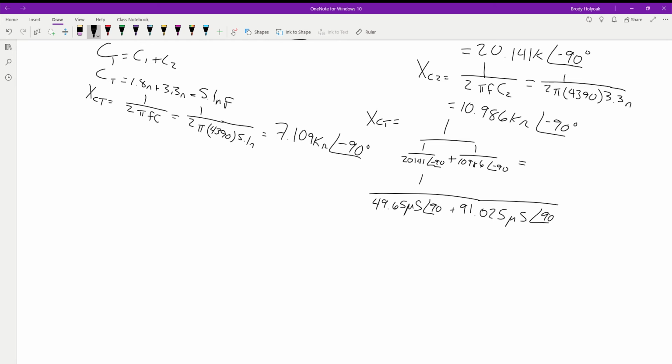And so when we're dividing these guys, if we're not given an angle, we assume 0. Okay? So what we have here for our angle, at angle 0, so 0 minus a negative 90 is positive 90. So now we have these two values that are at a positive 90. We add these two together.